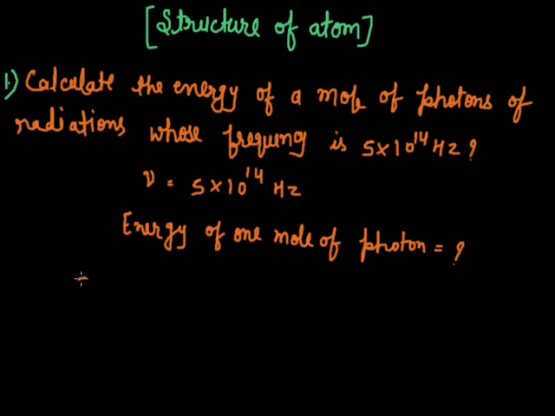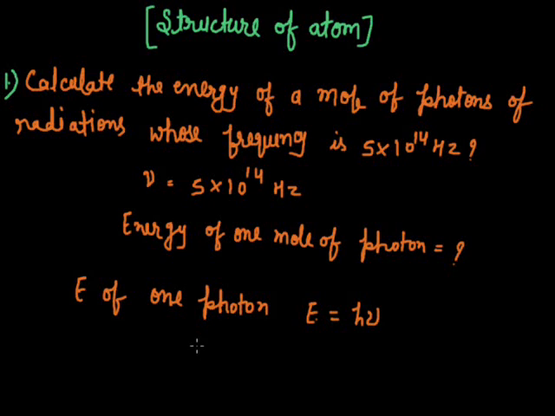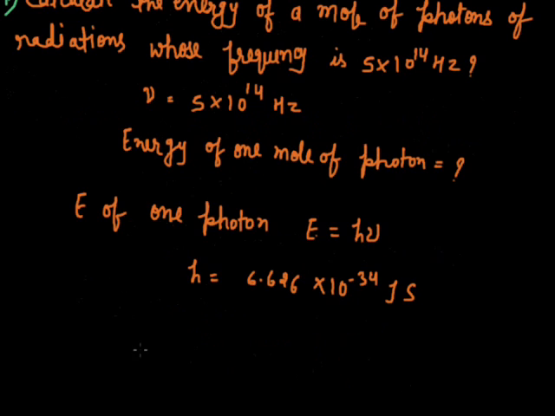We know that the energy of 1 photon, E, is equal to h nu, and we know the value of h, which is 6.626 into 10 to the power minus 34, and nu is given, which is 5 into 10 to the power 14.